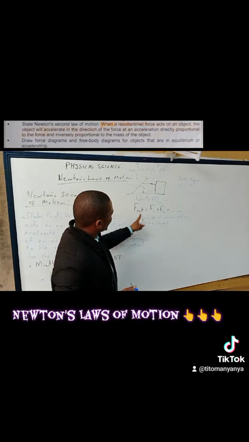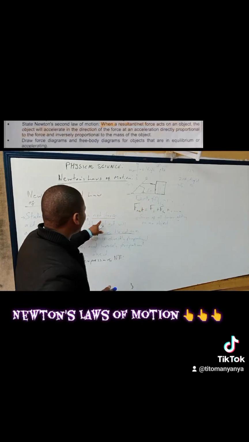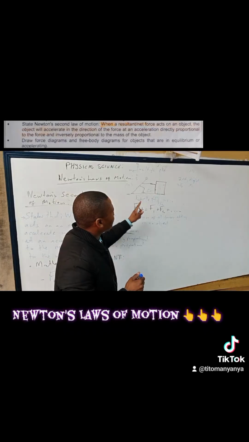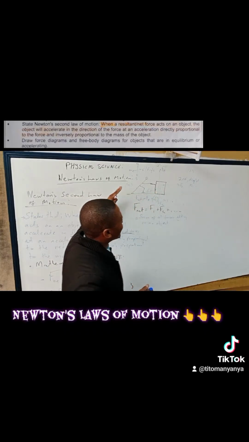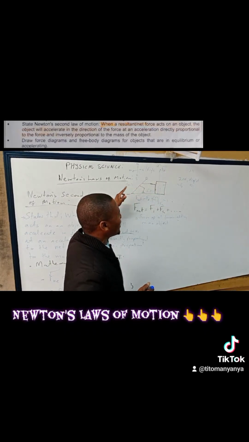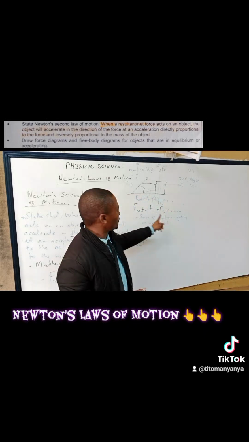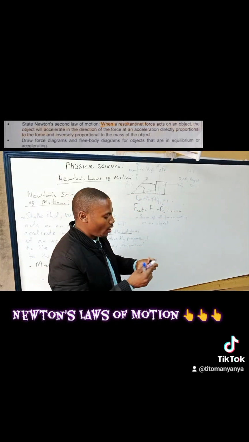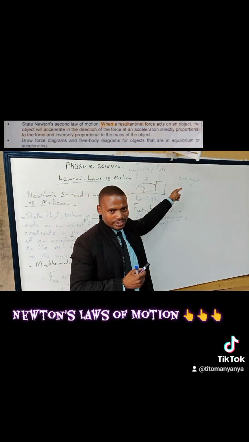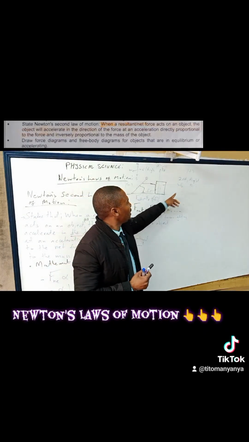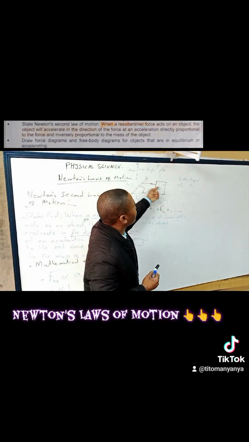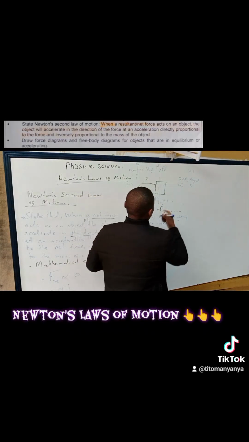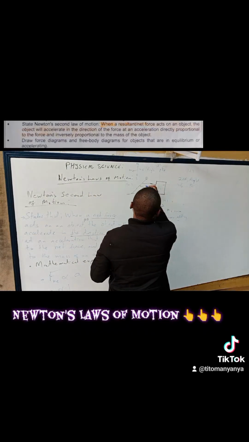So I'm talking about net force so that you understand. This object will accelerate in the direction of the net force, because we can find the net force here. In other words, we apply the force on the object. The net force can be in the direction of the force applied. So let's say this is 20 newtons and this friction is 5 newtons.